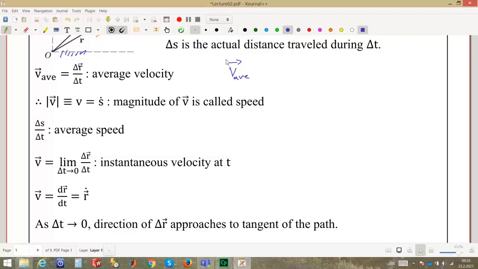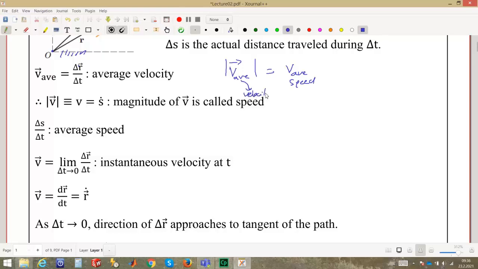If you find the magnitude of it, then you get an average speed. This is your speed, and what's inside the magnitude is the velocity.